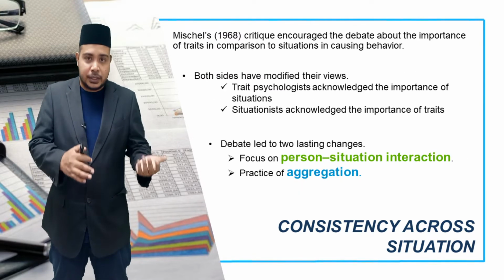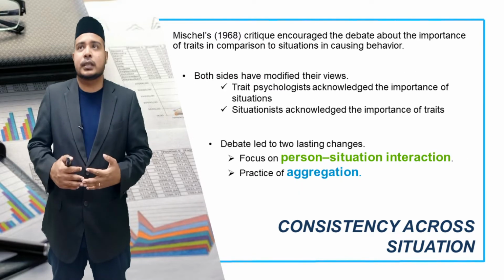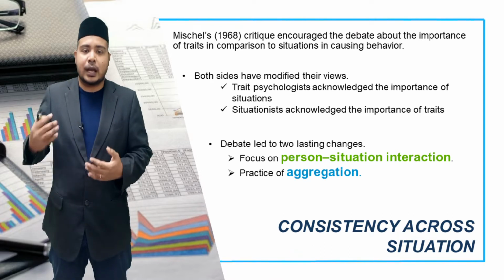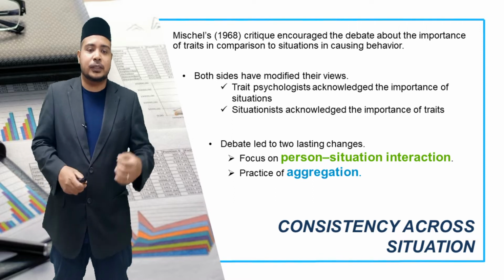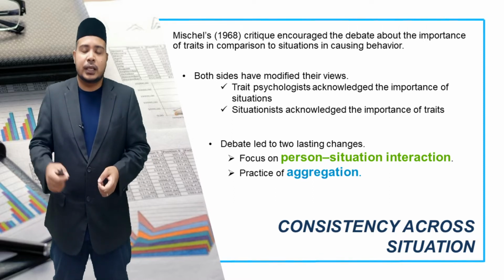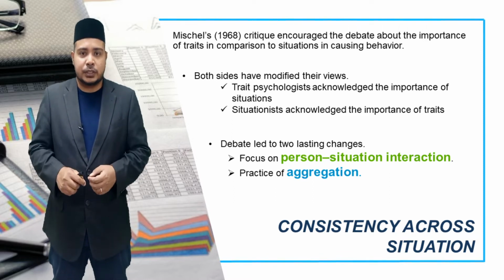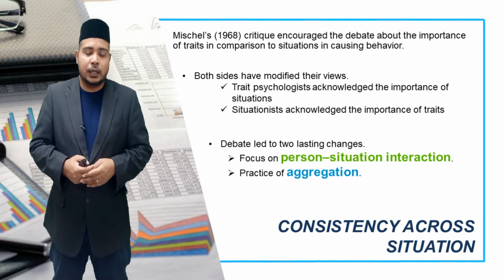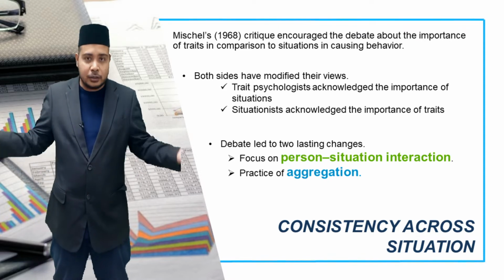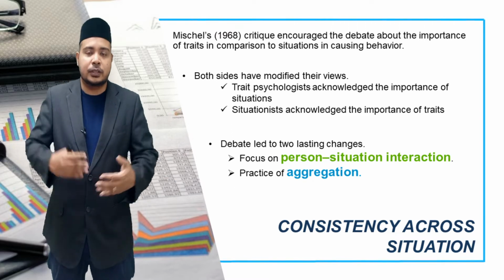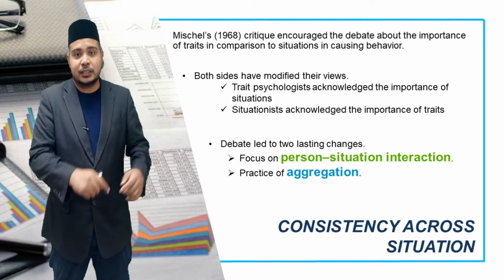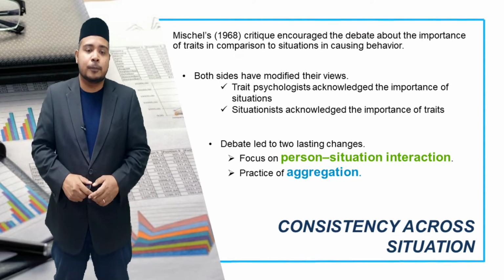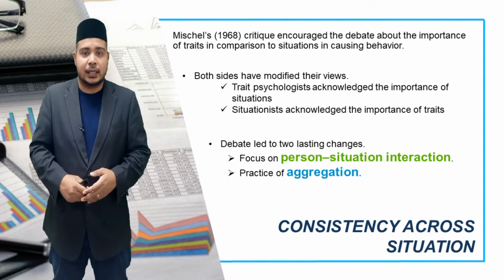Mischel's findings and conclusion gave birth to the debate about the importance of traits in comparison to situation in influencing individual behavior. After long debates and consideration, both schools of thought, the situationists and the trait psychologists, changed their standing, beliefs and opinions.